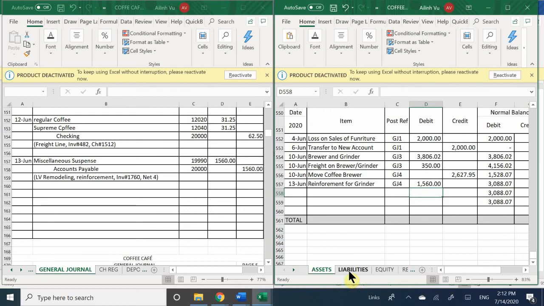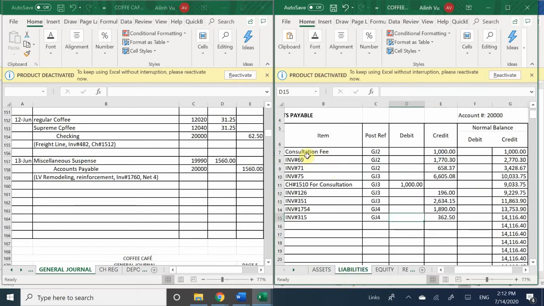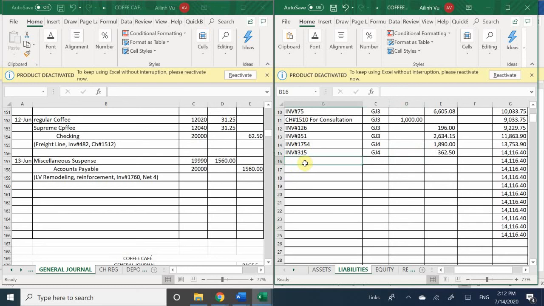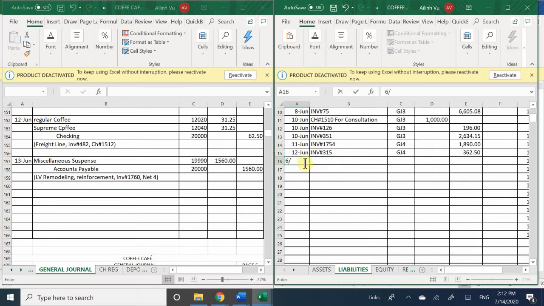And then lastly, because we had a bill, we're going to increase our accounts payable. Okay, so for 613, our item is going to be invoice number 1760. Okay, that was page 16, no, not 16, page 17. 17. Okay. Oh yes, it's the next page. That's payable.